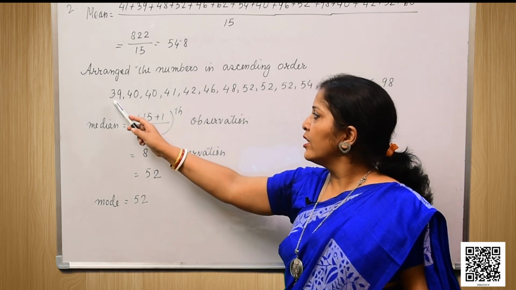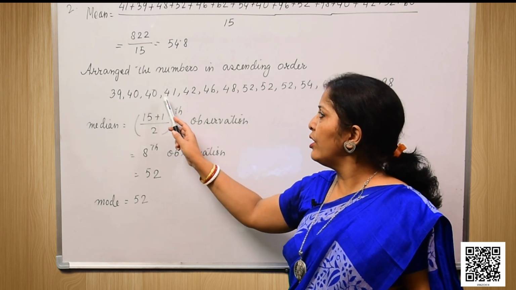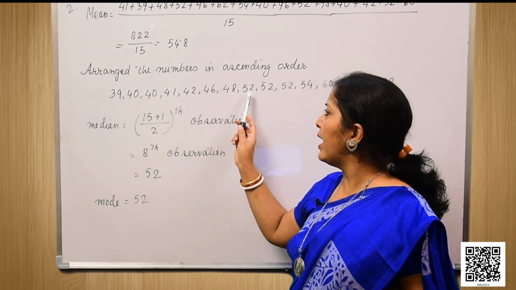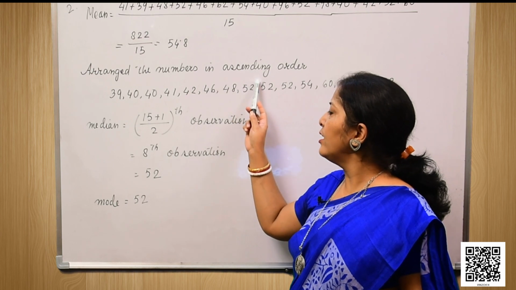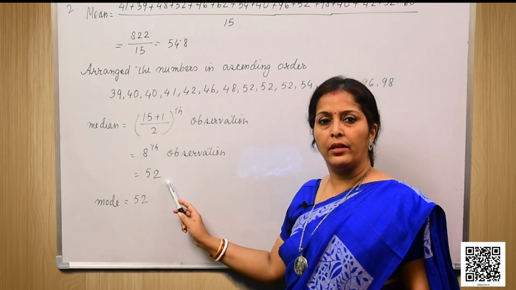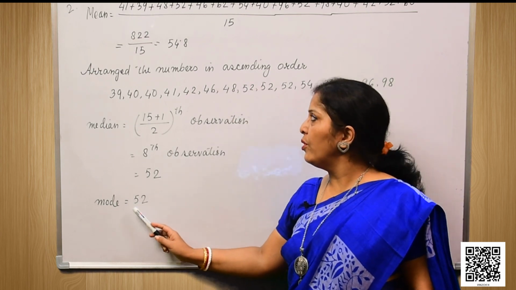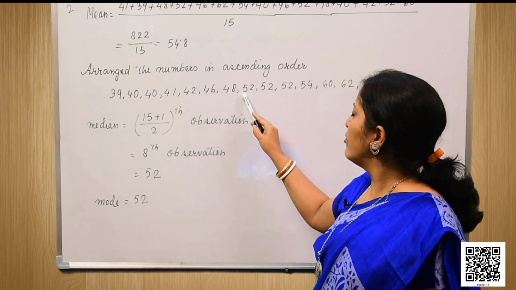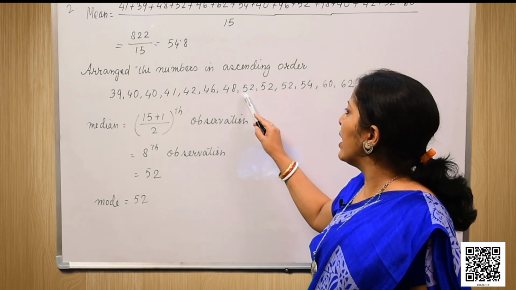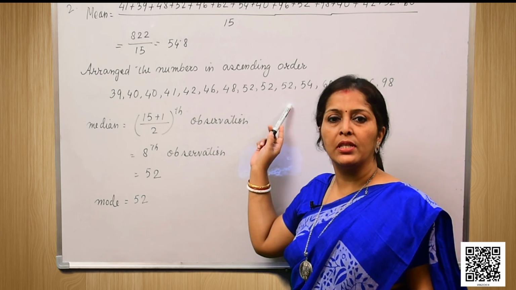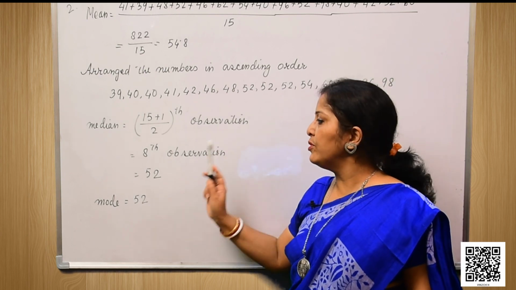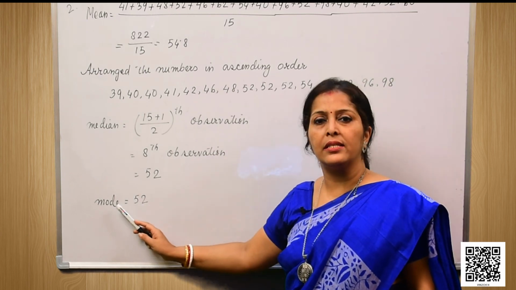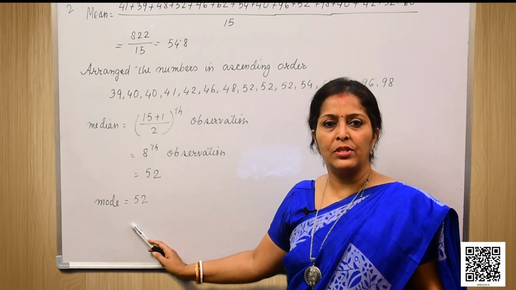Counting 1, 2, 3, 4, 5, 6, 7 and 8, we can say that 52 is the median. Now to find the mode, we have observed that the number 52 is appearing the maximum number of times, 3 times. So we can come to the conclusion that our mode is 52. I hope this is clear.